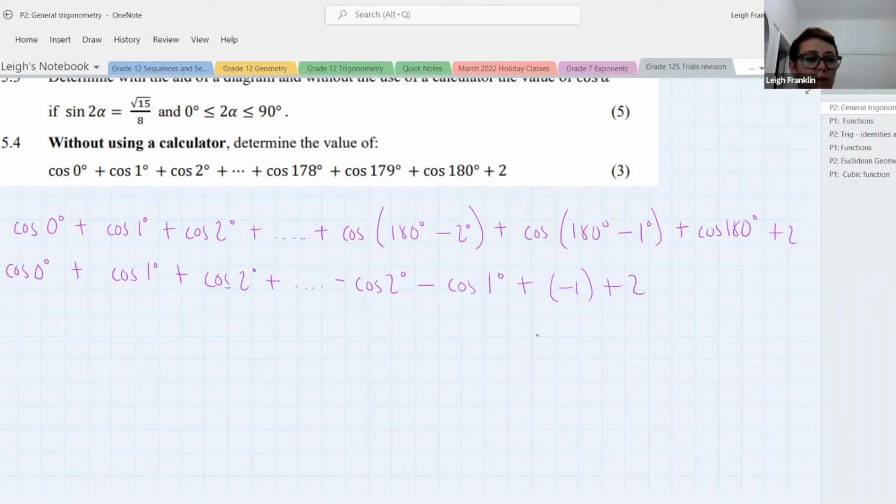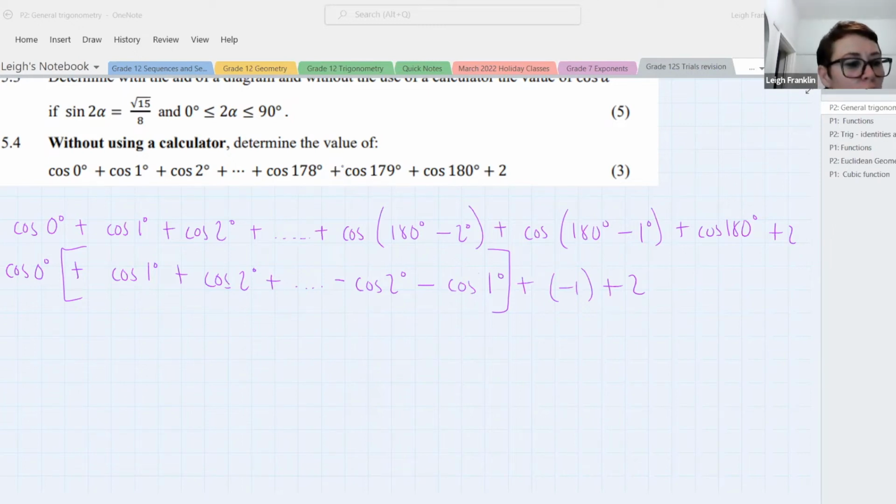So can you see what's going to happen here? Everything between the square brackets is going to add up to what? Well done, it's all adding up to 0.